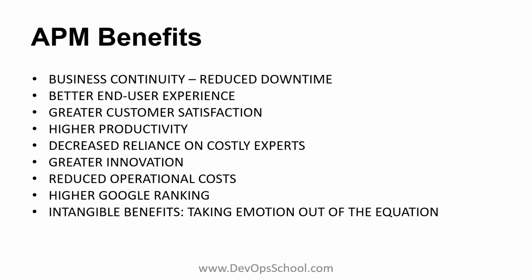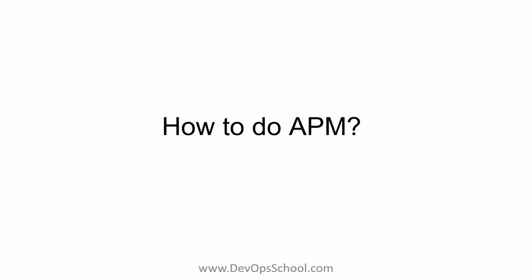When you go to google.com, amazon.com or netflix.com, it is because the website loads fast and gives you a very good experience, with very low response time. If a page loads very late while you are searching, you just close it and don't open it again. So now the question is how to do APM.